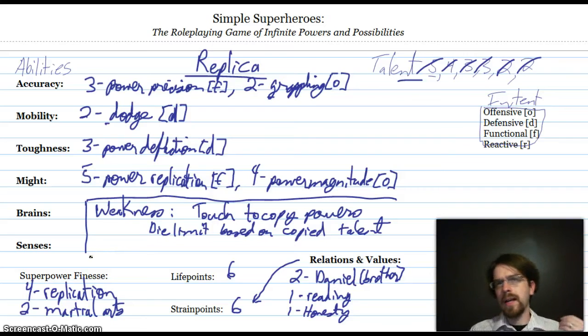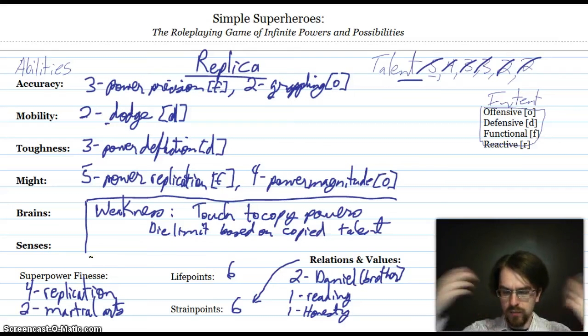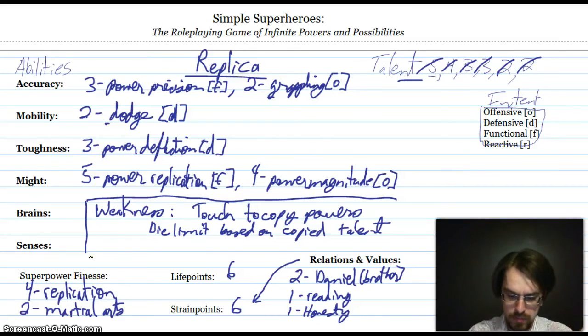Now we're also going to say that when she touches somebody, she doesn't retain that power when she goes on and touches somebody else. But she can recall that by expending some energy.